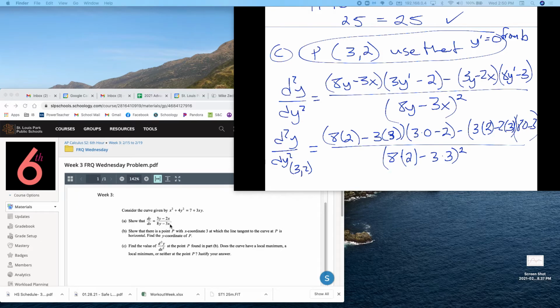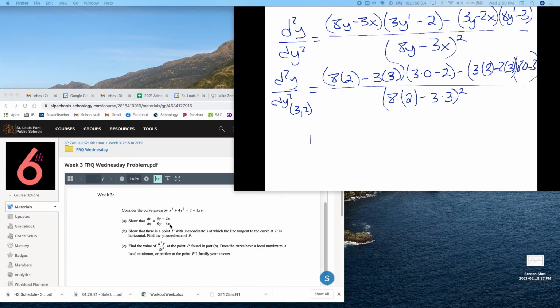Now we're at 8. And if you do the calculations on that, you'll end up with negative 2/7, which would suggest that the curve is concave.